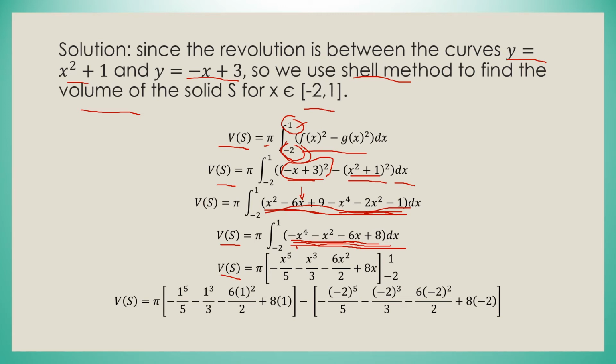of S is equal to pi times negative x raised to 5 over 5 minus x raised to 3 over 3 minus 6x raised to 2 over 2 plus 8x. We have the denominator of 5 because we add 1 to the exponent 4 so that we can have 5.